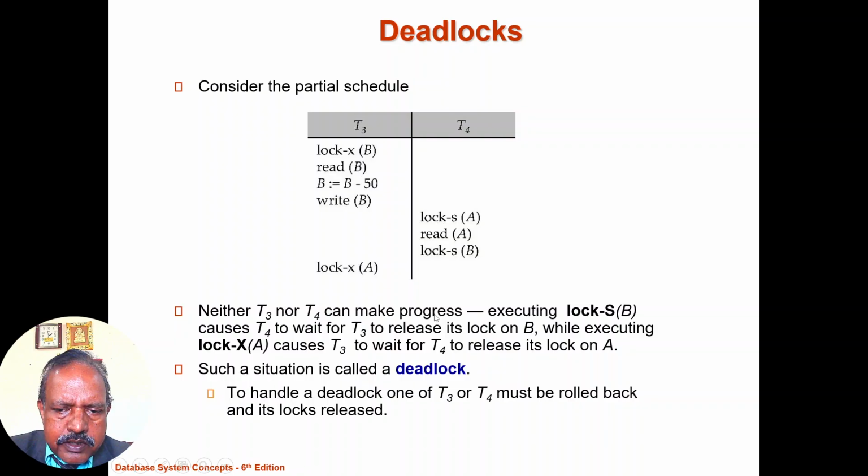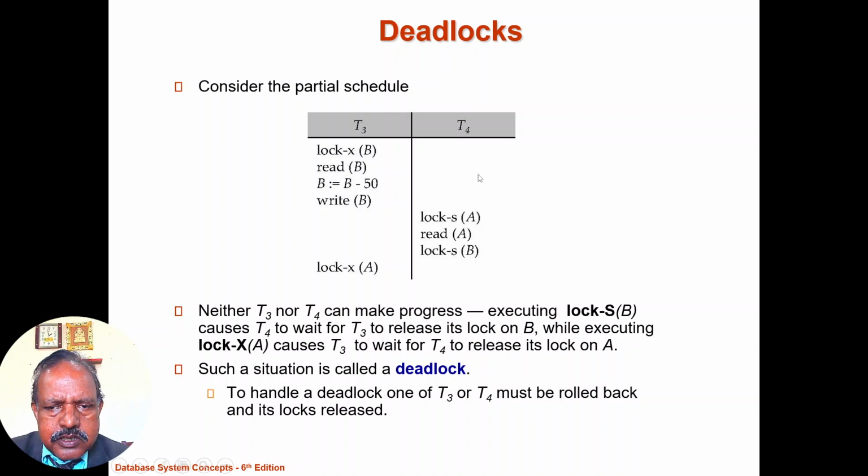Exclusive lock is already there on B. When an exclusive lock is already on B, you cannot give another lock to others, because until it is released, you cannot give it. Similarly, when A is already locked with a shared lock, you cannot give an exclusive lock on data item A. That means neither T3 nor T4 can make progress. T3 is hanging as it is, T4 is hanging.